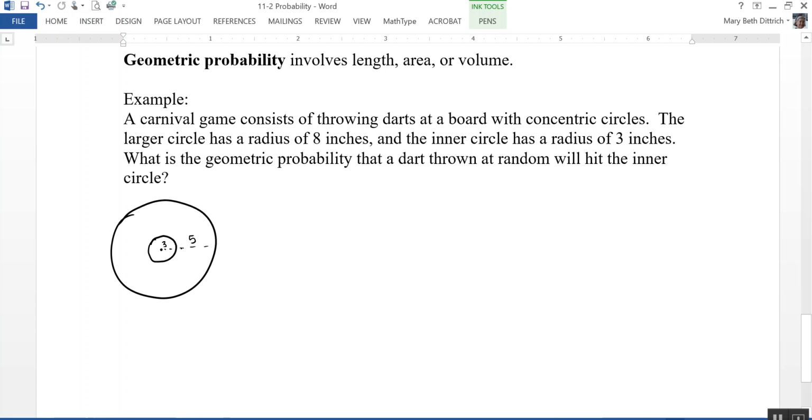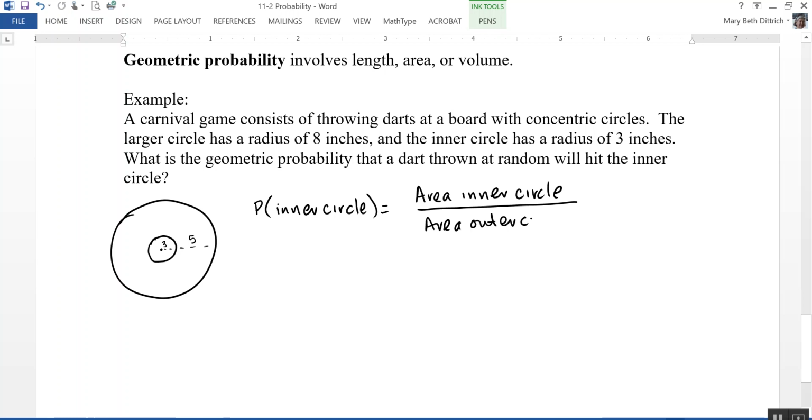So in order to find the probability that it will be in the inner circle, that's going to be the area of the inner circle divided by the area of the outer circle. We're going to assume that the dart you throw is going to hit inside the outer circle.